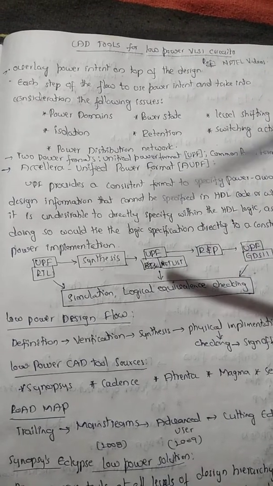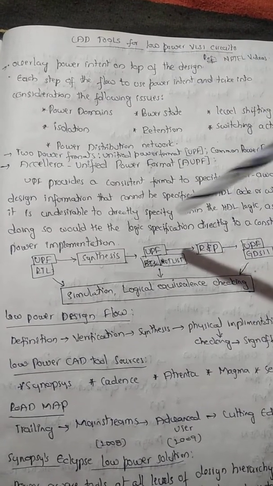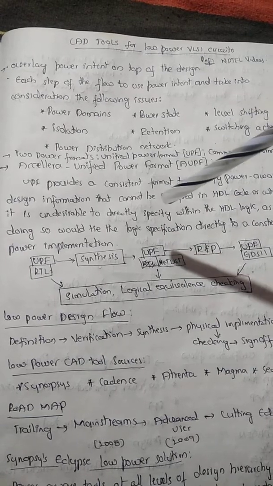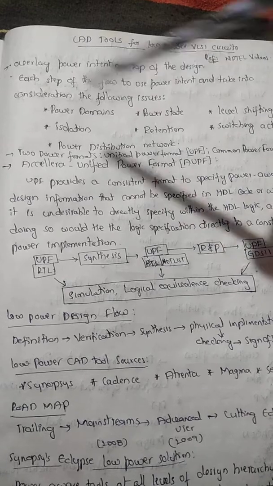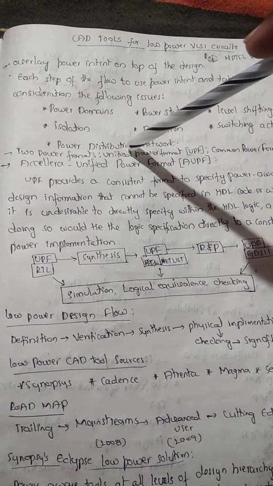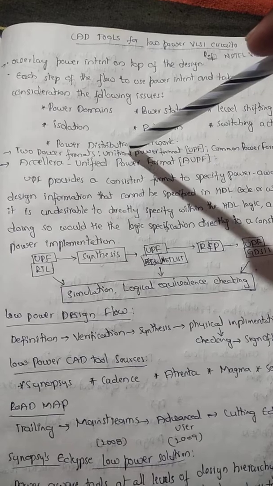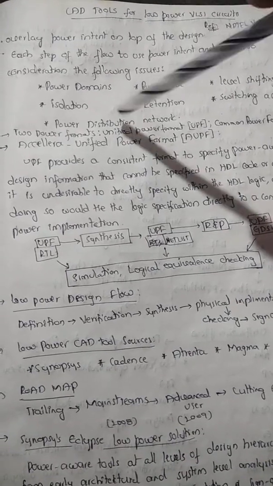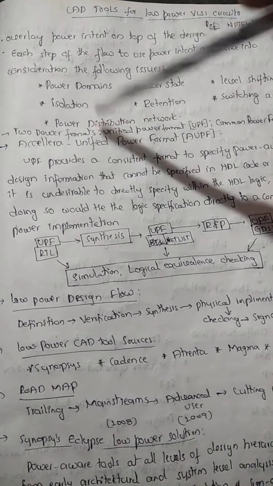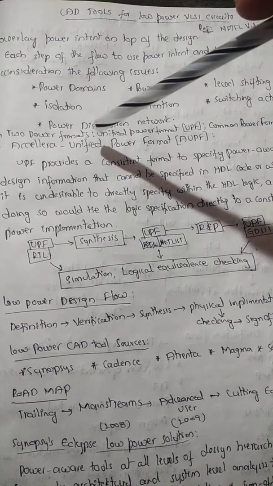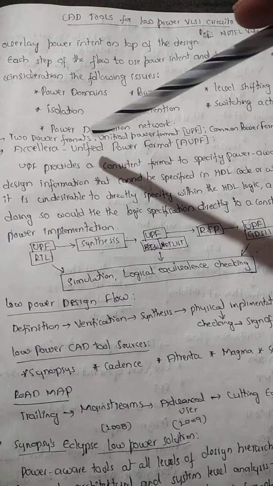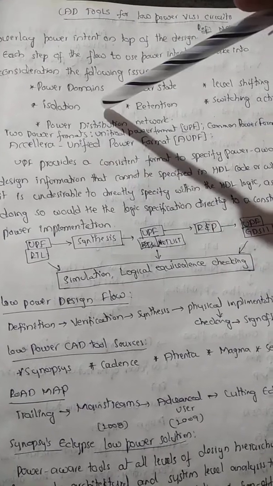In a chip, the size goes on increasing and the number of transistors is increasing. Of course, the packaging density is also increasing. Not only packaging density, the speed also increases. So it also concentrates on the dynamic and static power dissipations.